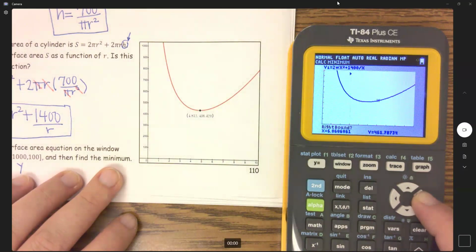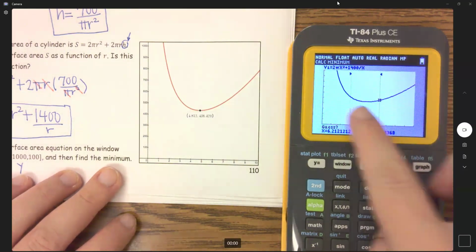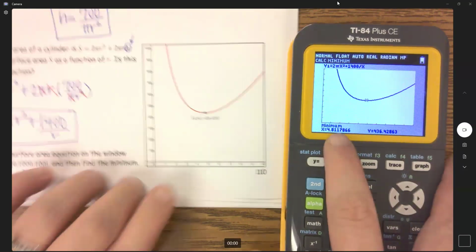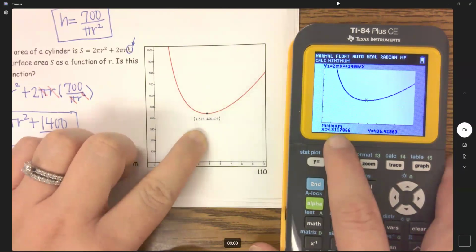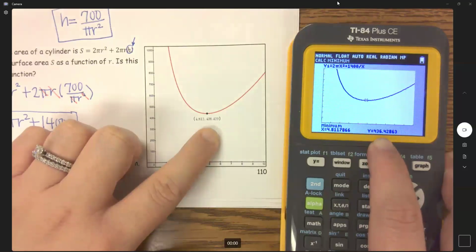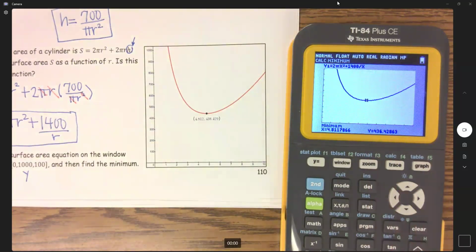You can see right here I'm starting to again slope up. So my min is somewhere in between these. Hit enter. And we get what I have on this page right here: 4.812 and 436.429. Okay, so that is the min.